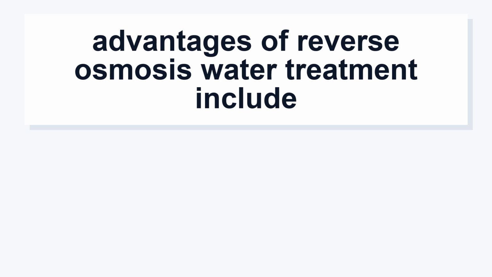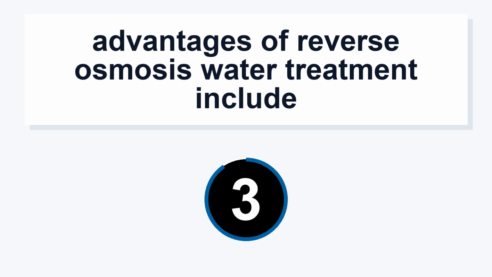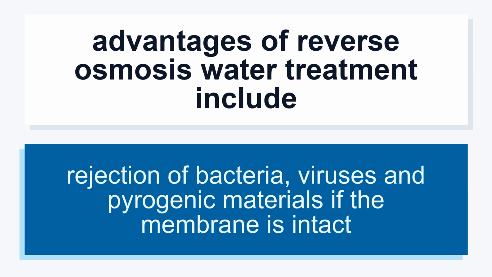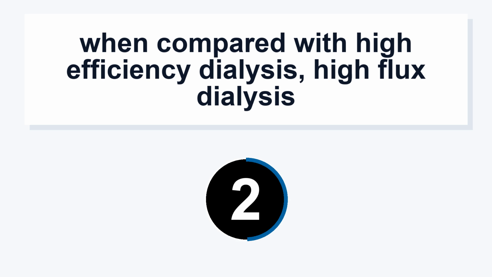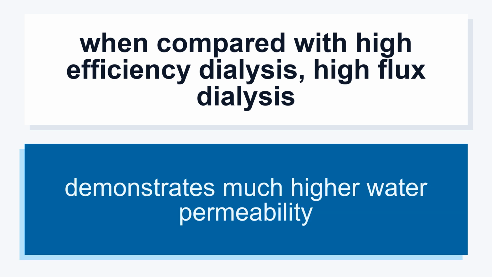Advantages of reverse osmosis water treatment include: rejection of bacteria, viruses, and pyrogenic materials if the membrane is intact. When compared with high-efficiency dialysis, high-flux dialysis demonstrates much higher water permeability.